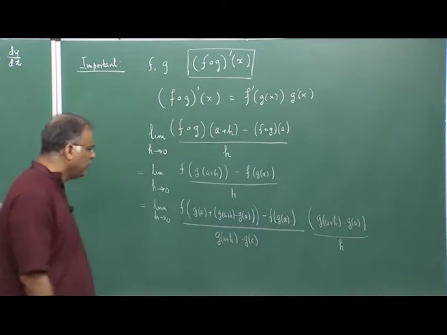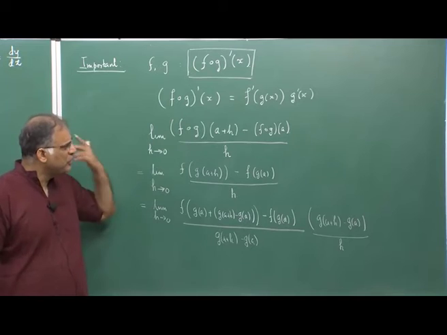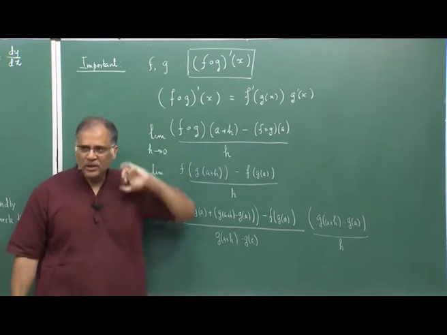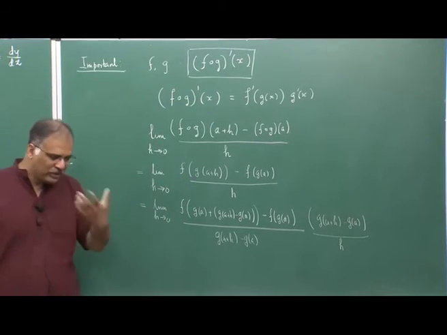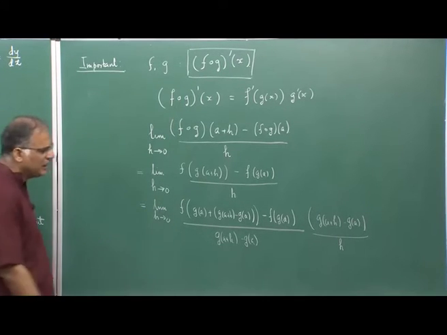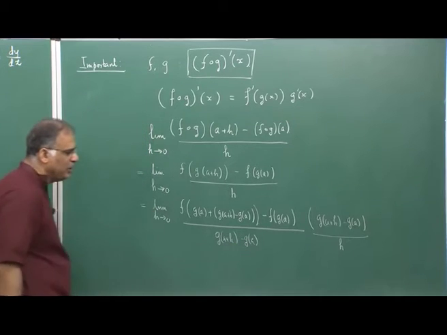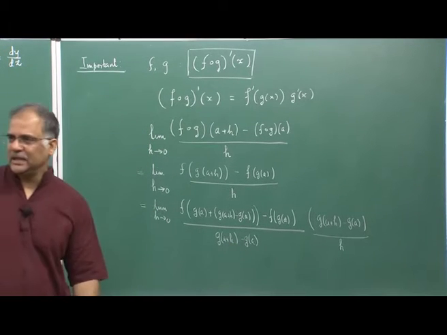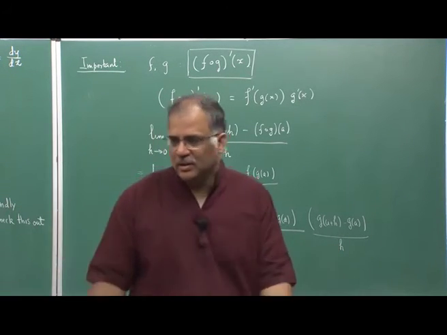So you say, oh, that is done, because of course for the definition of composition f must be defined on the range of g, and hence g a plus h minus g a is acting as my h or k basically, the increment.